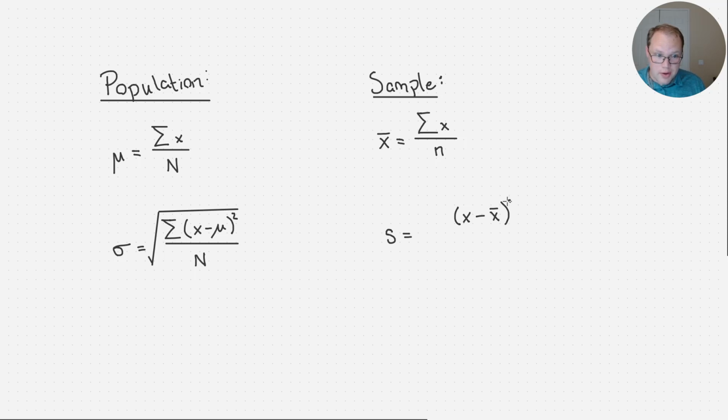Okay, we square it to get rid of the direction information. We just care about the distance. And then instead of averaging it, we still add them all up. But instead of dividing by n, we end up dividing by n minus 1. One less than the sample size.